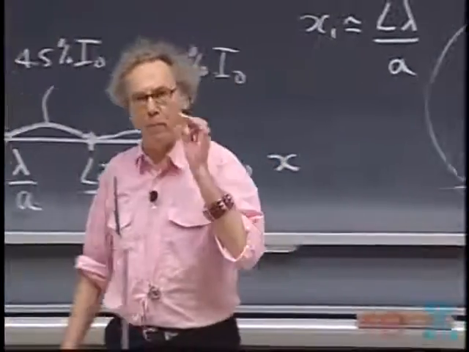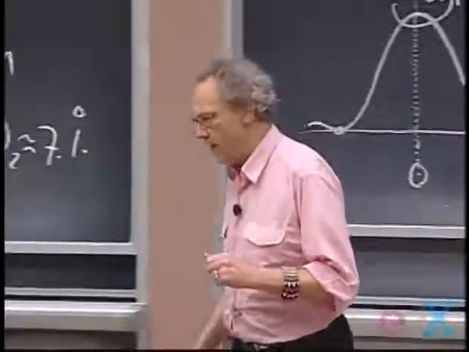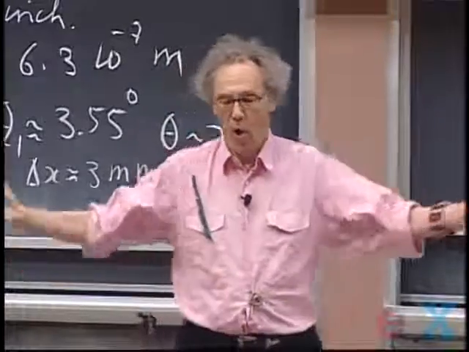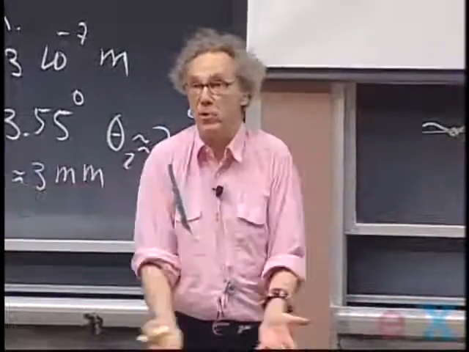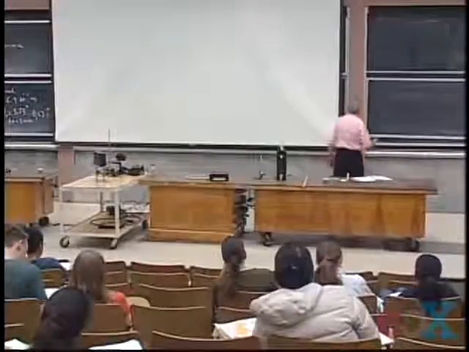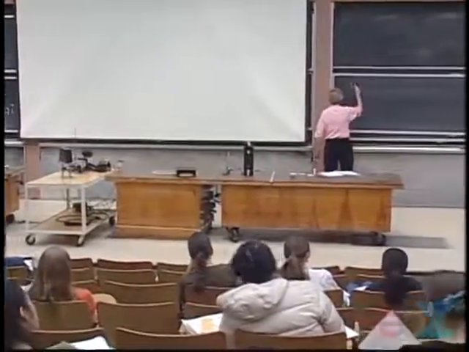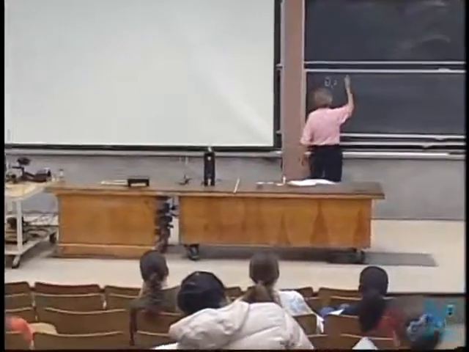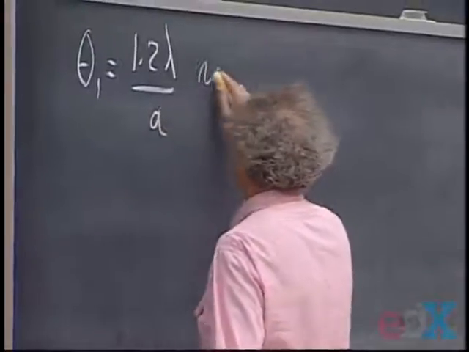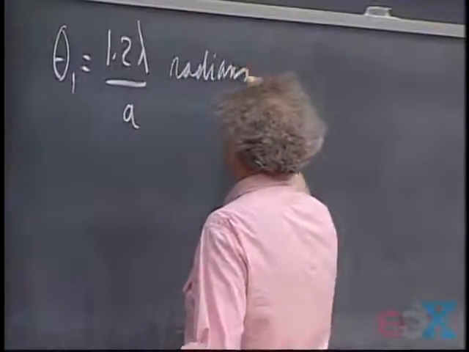It doesn't matter whether you have a pinhole, a circular lens like those we use with telescopes, or concave mirrors, which we also use with telescopes. In all cases, at best, that is the best you can ever do: the angular separation, theta 1, is 1.2 lambda divided by A, in radians.